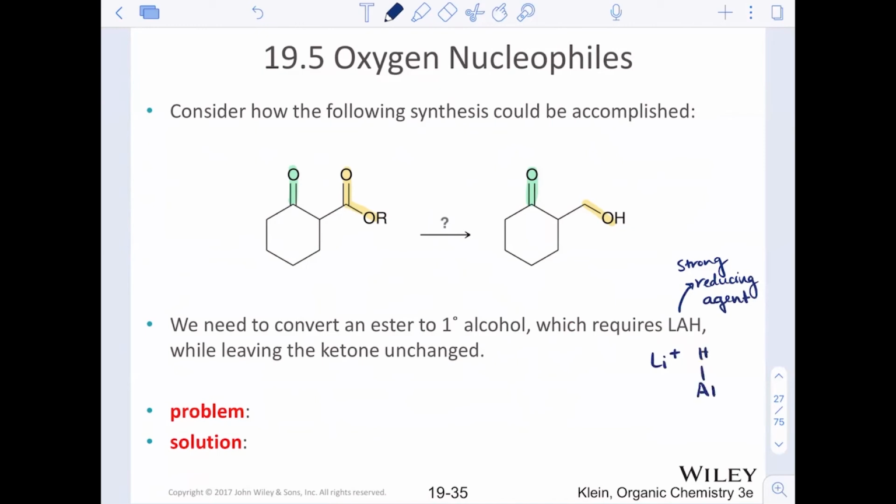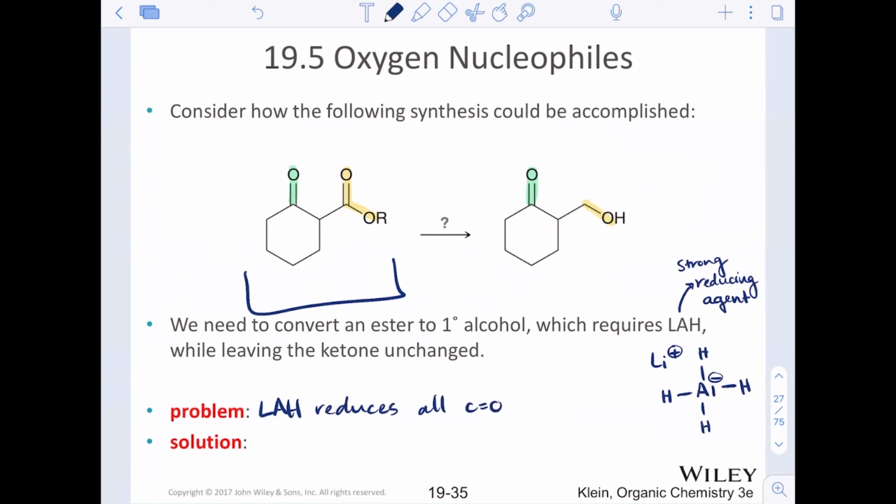And we know that there is a big old problem using this with this original reactant. The big problem is that LAH will reduce all carbonyls. And we don't want to reduce the ketone. We want to selectively reduce the ester.